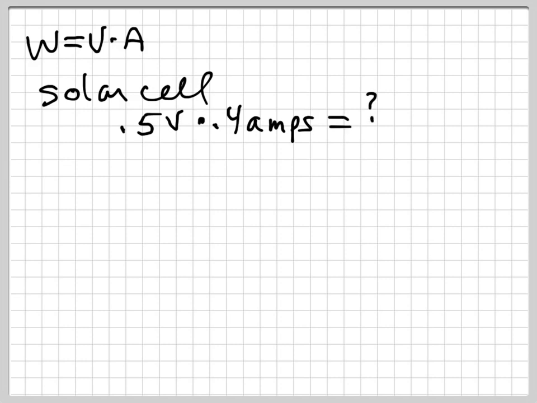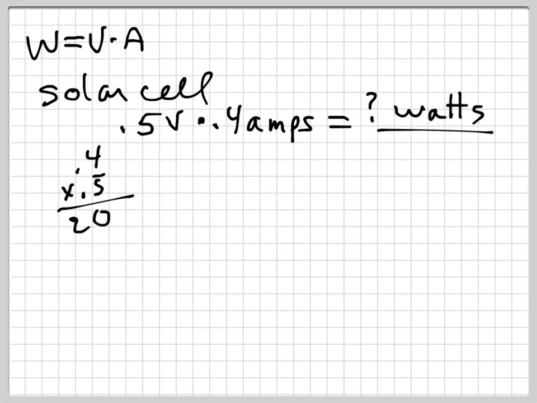And so how many watts is that? Let's just multiply. 0.5 times 0.4. 5 times 4 is 20, but remember, there are 2 decimals, so you have to move the decimal point over 2 places. So it'll be 0.2. I'm fine if you use a calculator for stuff like this.